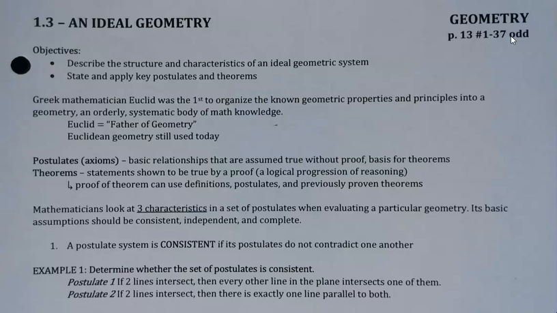Our objectives are to describe the structure and characteristics of an ideal geometric system, and we're going to state and apply some key postulates and theorems to get us started. We're going to learn new postulates for the first couple of chapters, or maybe just sections, and then we're going to start learning theorems.